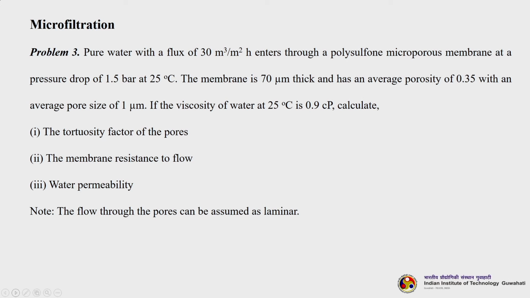Now, if the viscosity of water at 25 degrees centigrade is 0.9 centipoise, calculate the tortuosity factor of the pores, that is tau, the membrane resistance to flow Rm, and then the water permeability, that is LP. It is given that flow through the pores can be assumed to be laminar.